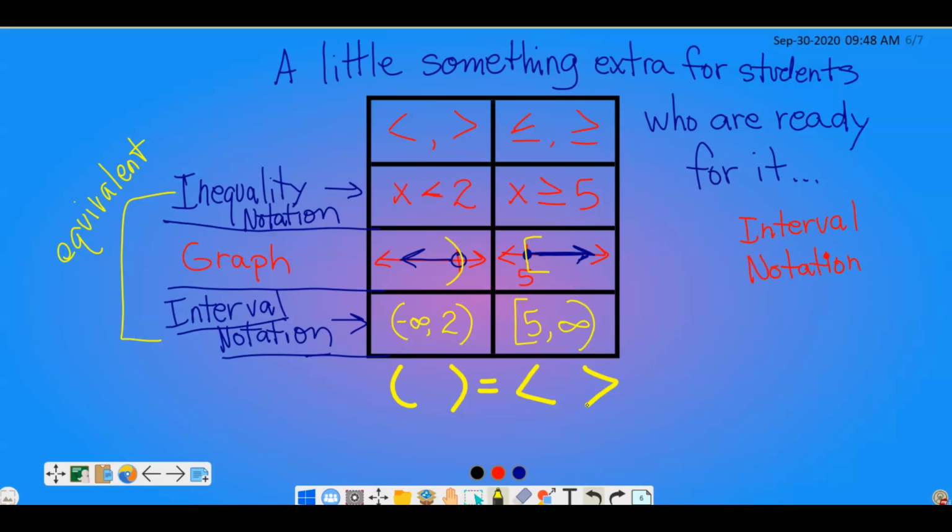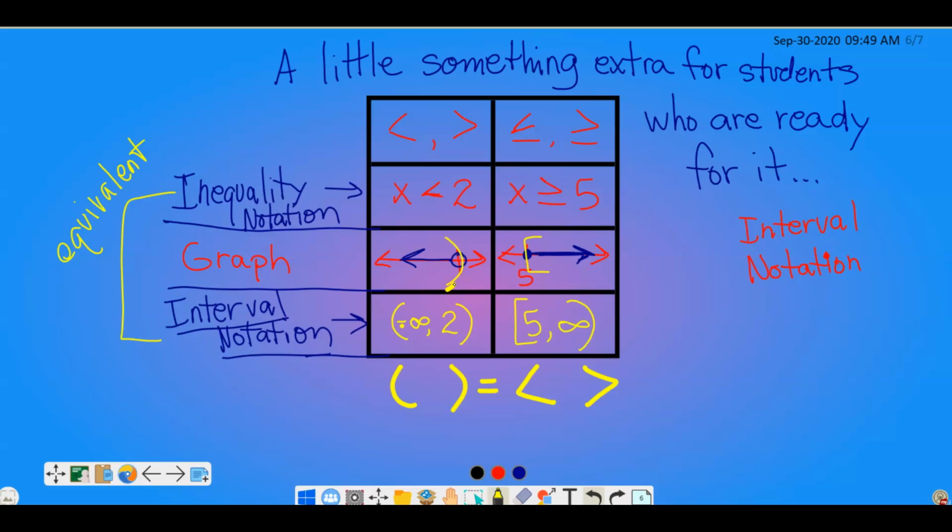All right, that's the other difference. So this very inequality right here, x is less than 2, would be written in interval notation as open parenthesis, negative infinity, comma, 2, close parenthesis. Okay? And if we were going to graph it, you see how I have the parentheses pointing in the direction of the arrow? That's how you would do that.